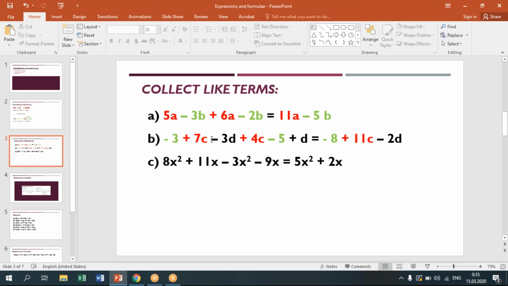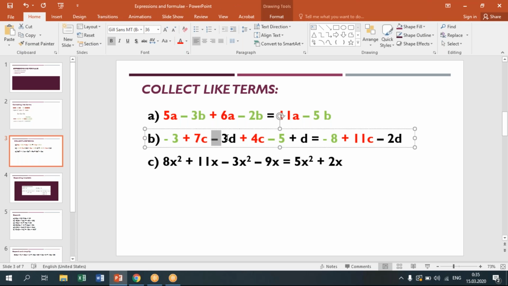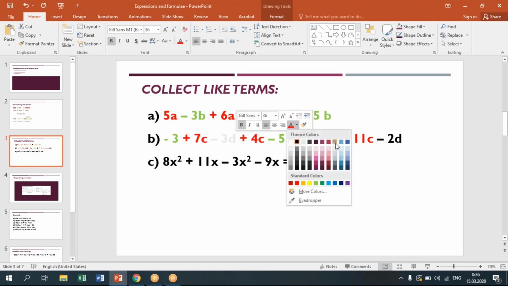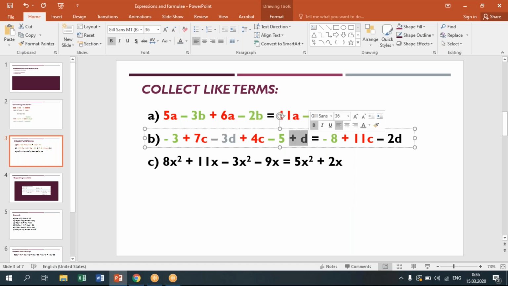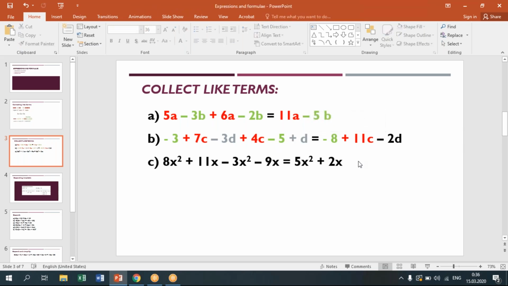Also we have D, negative 3D plus D. Just D means 1. Before D we have coefficient 1, but we don't need to write it. That's why just D. So negative 3D plus D means negative 3 plus 1, which is negative 2D.